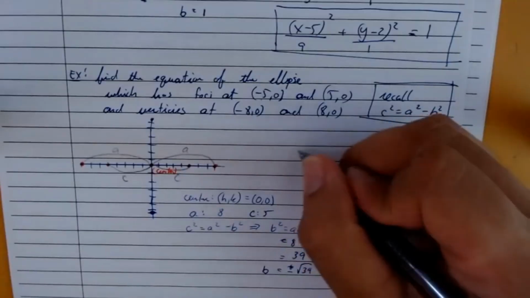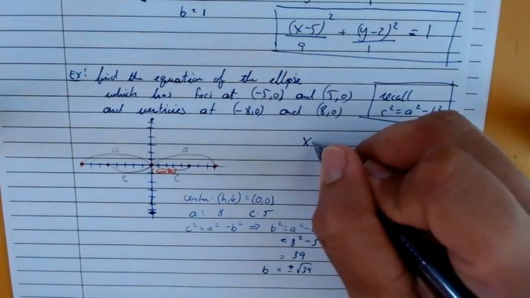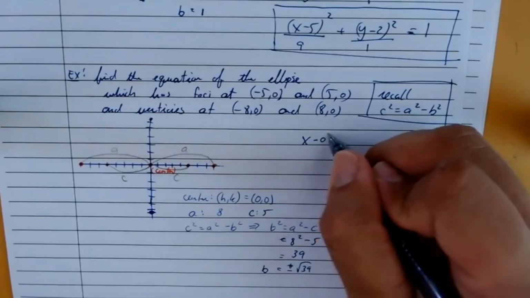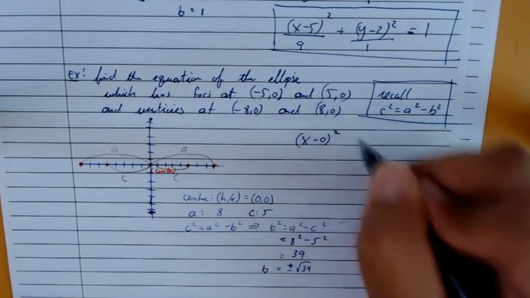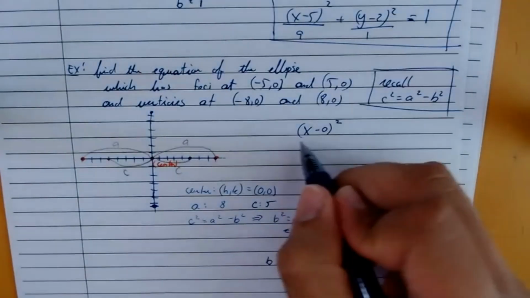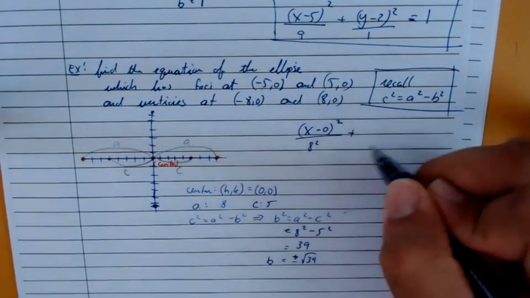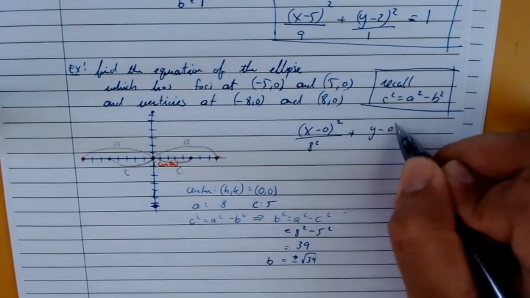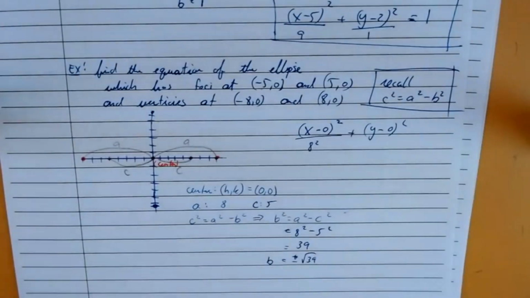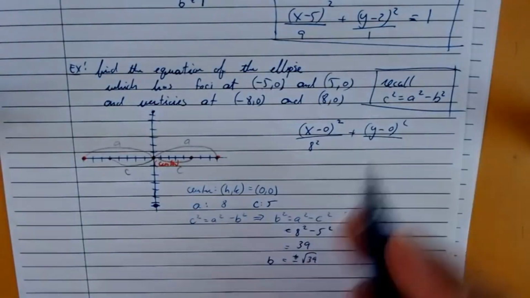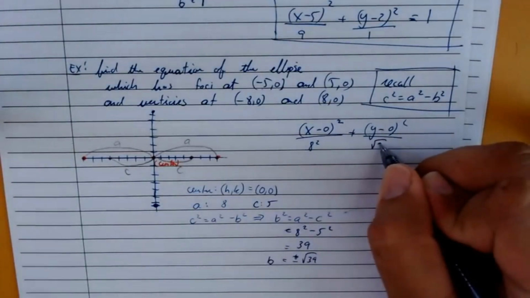We have that our equation is x minus h. Well, since h is 0, I'm going to write that as 0 for now, and then I'll simplify in a moment. So that's x minus h squared over a squared plus y minus k squared, our k is also 0, over, we're not using this 5, we're using this root 39, because that's your b.